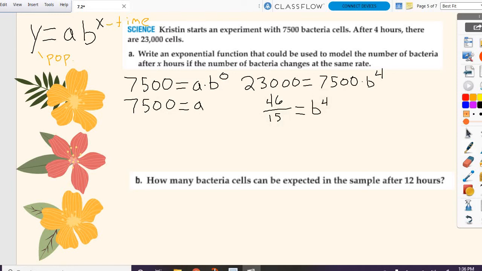Remember that we undo a fourth power by taking the fourth root of both sides. So we have the fourth root of 46 divided by 15.